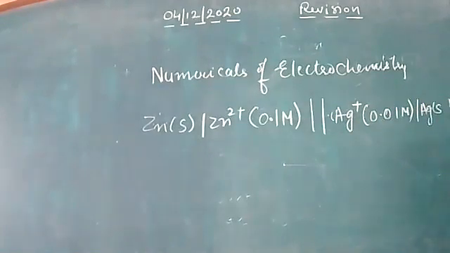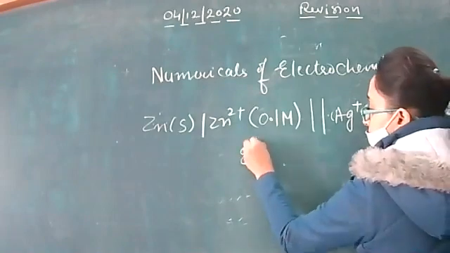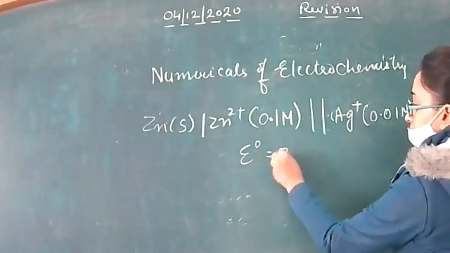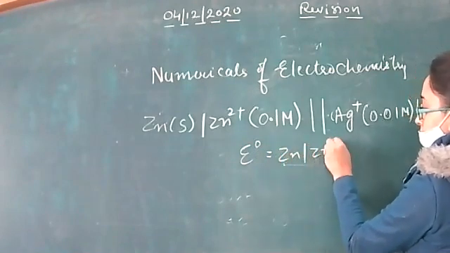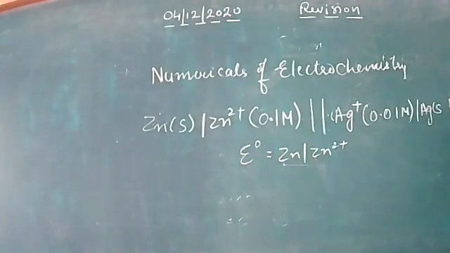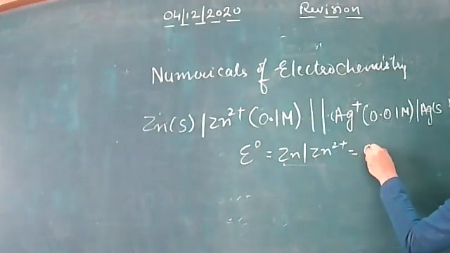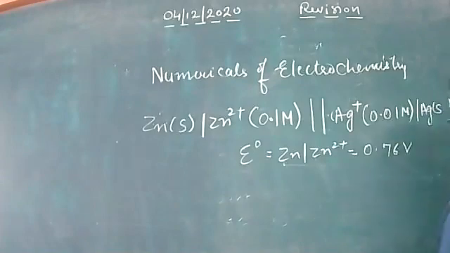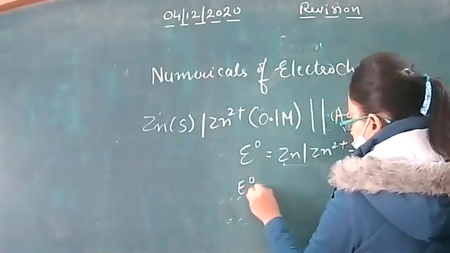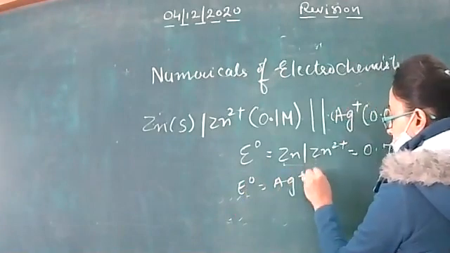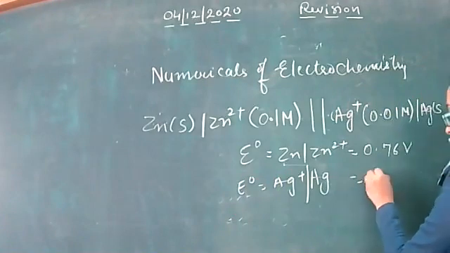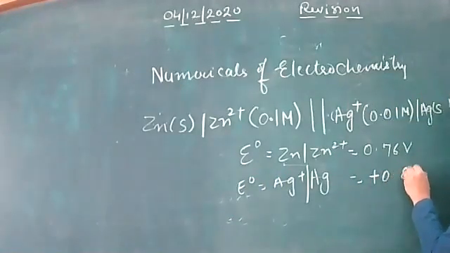And you are given with E naught of Zn2+ the value is given as 0.76 volt, and E naught of Ag+ and Ag is 0.80 volt.